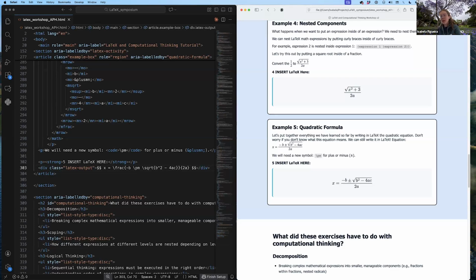One of the things that I've been working on is that we're actually trying to create our own chatbot that knows about LaTeX and knows about accessibility and LaTeX, and can direct people and work with different kinds of platforms. That's something I'm working on currently, but it's not done yet.